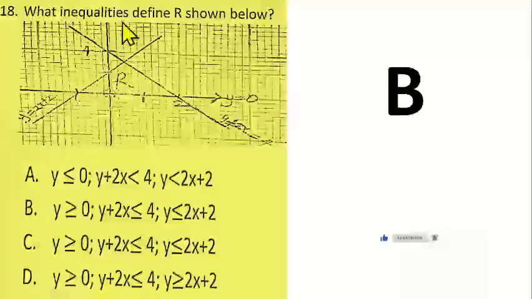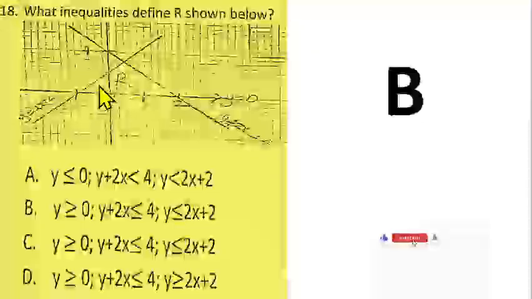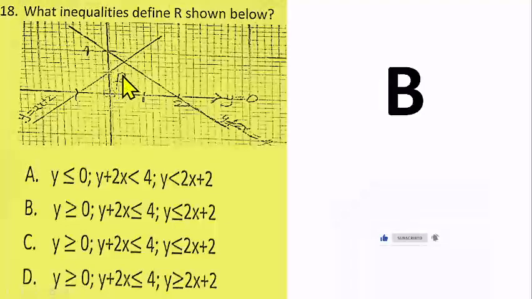Question number 18. What inequalities define the required region? So this line represents y is equals to 2x plus 2, and this region that is required is this side, less than, of course for x this side is less than 2, and for y this side is less than 2 as well.